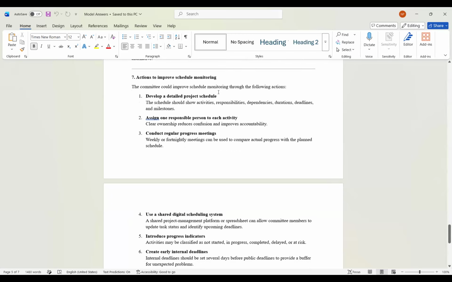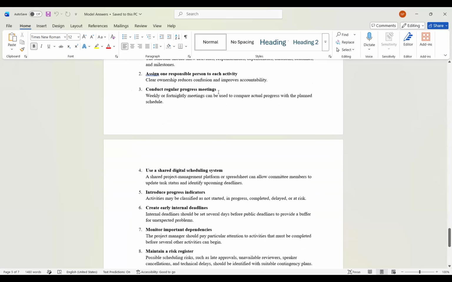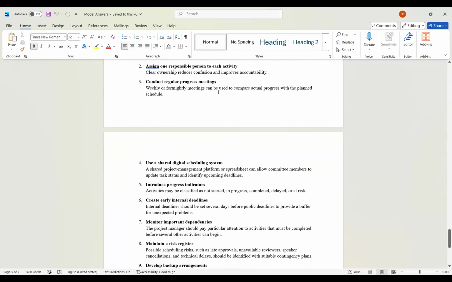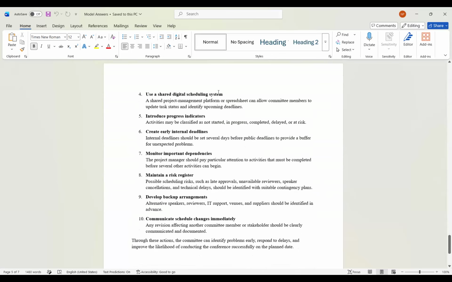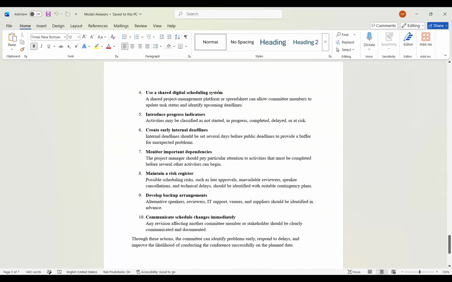They can conduct regular progress meetings, usually weekly or fortnightly. And they can use a shared digital scheduling system and introduce progress indicators, classifying activities as not started, in progress, completed, or delayed.